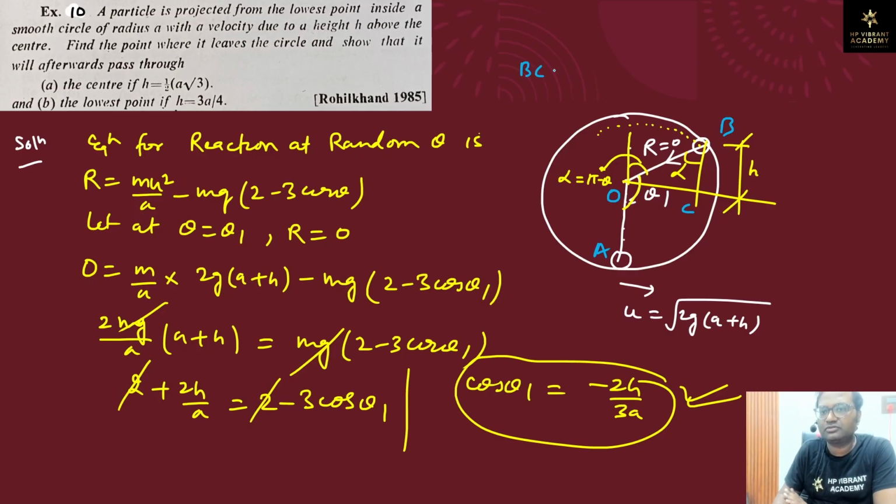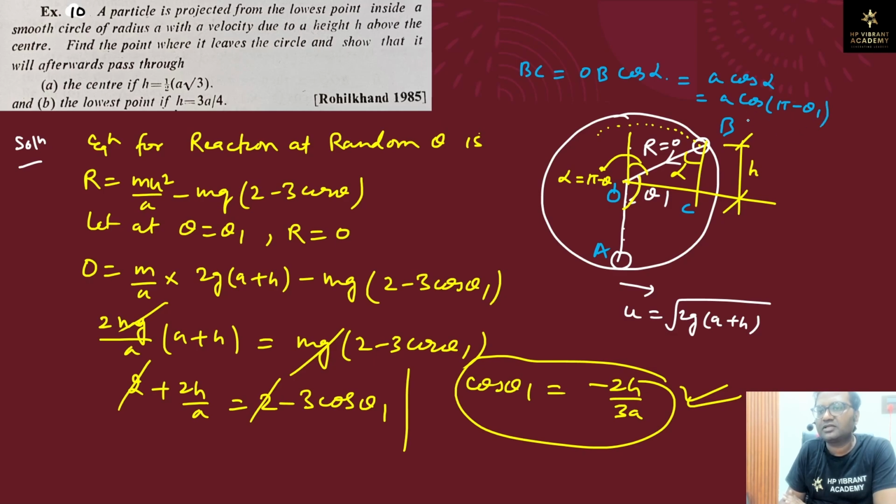So BC is equal to OB cos alpha. OB is the radius, so it is a into cos alpha, where alpha is pi minus theta 1. So this is a cos of pi minus theta 1.